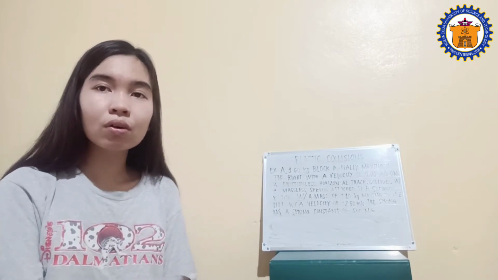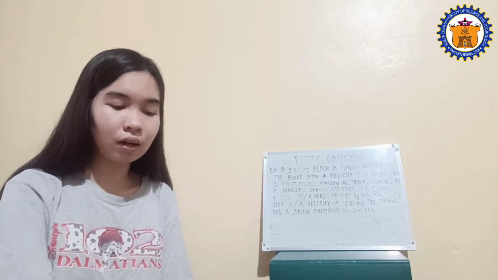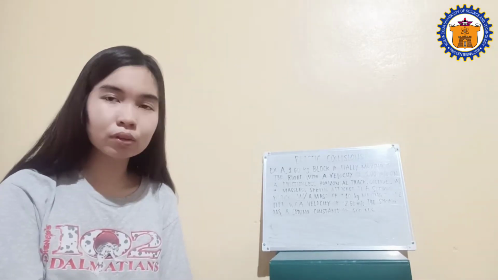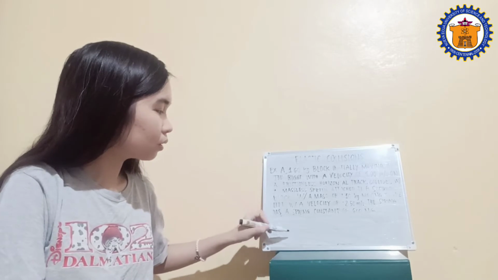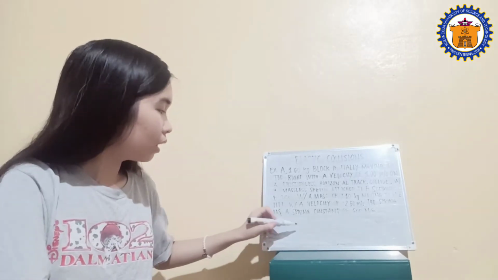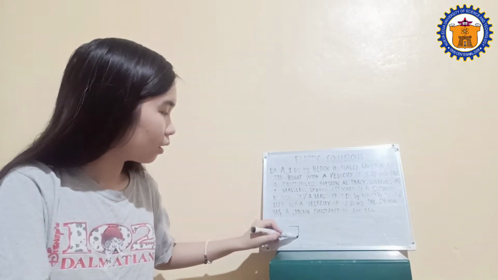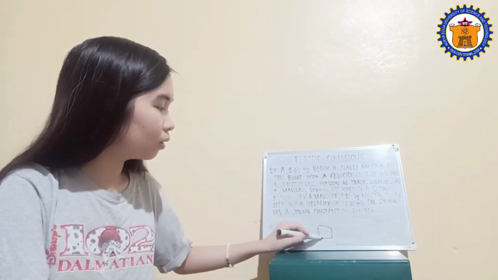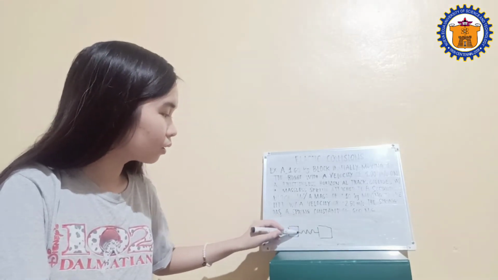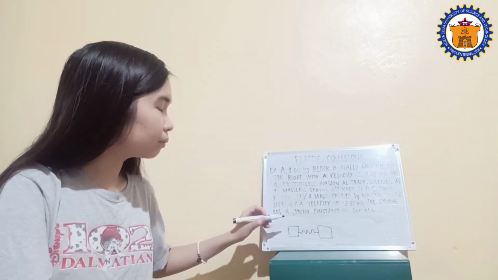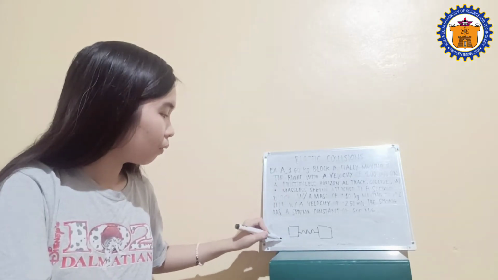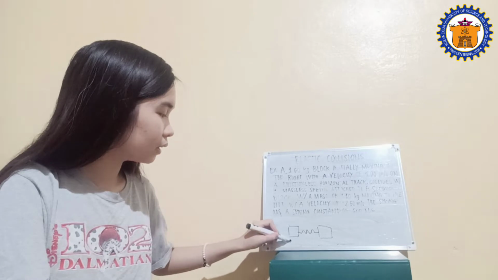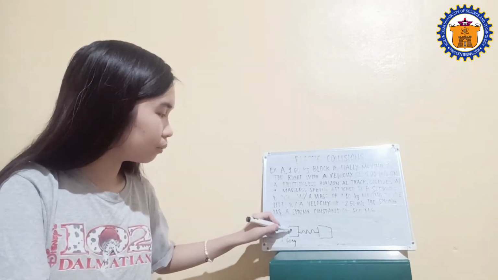So, bago ko i-solve itong problem, ipapakita ko muna yung scenario. Kasi sabi dito sa problem, ito yung block 1 and ito yung block 2. Then, yung block 1 daw is meron siyang bigat or mass na 1.60 kilograms. So, ito ngayon si mass 1.